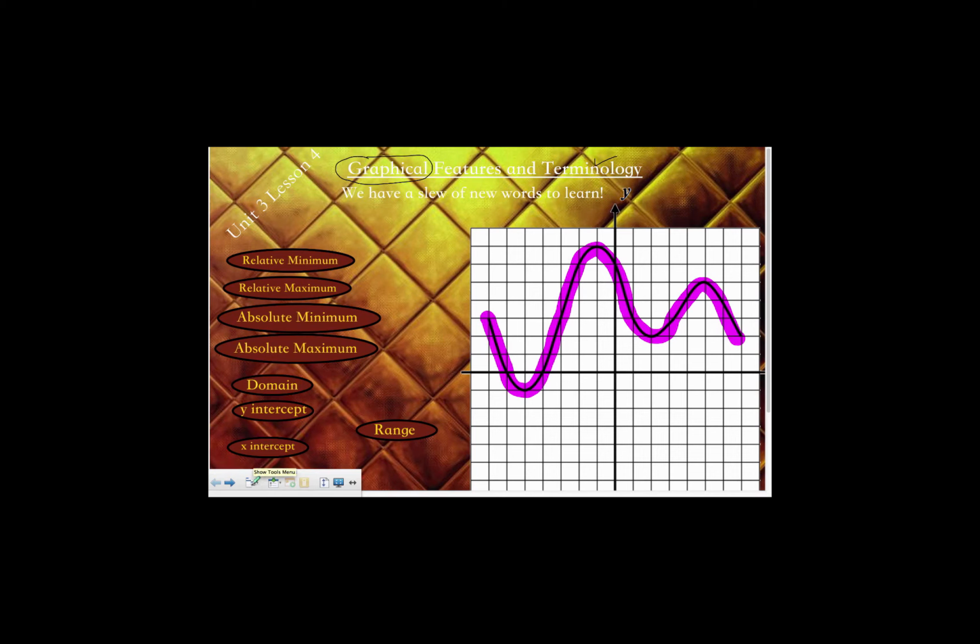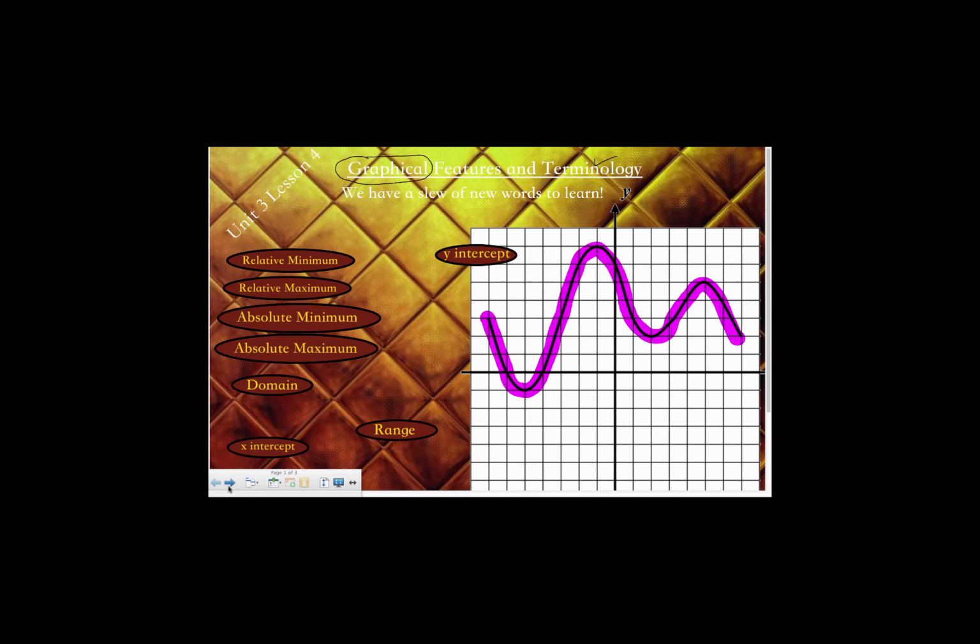So let's start off with the easy stuff. The first word we have to learn here, y-intercept. Where does my graph cross the y-axis?